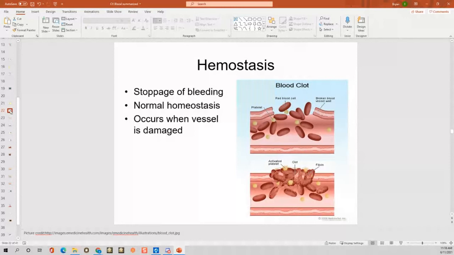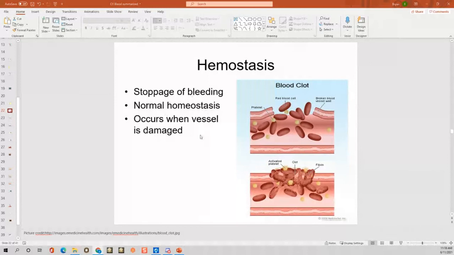And you're constantly getting small injuries because things in your body are getting old. Hemostasis is normal homeostasis.